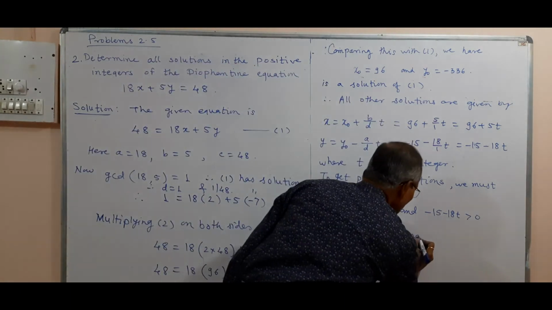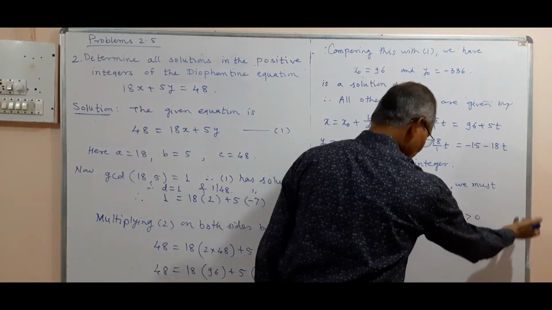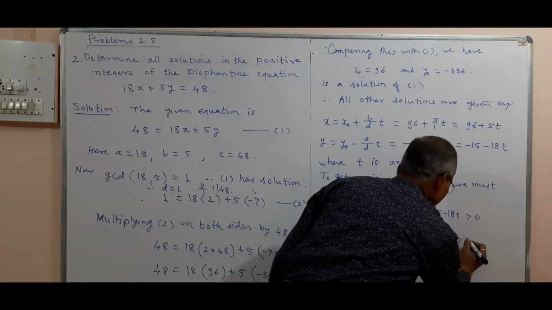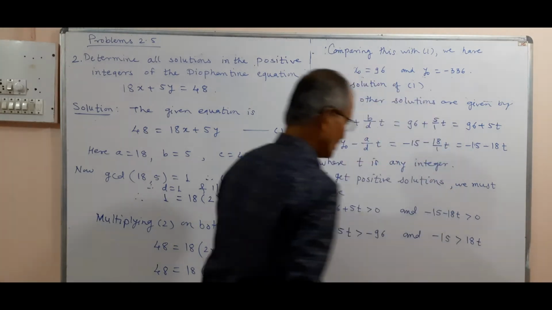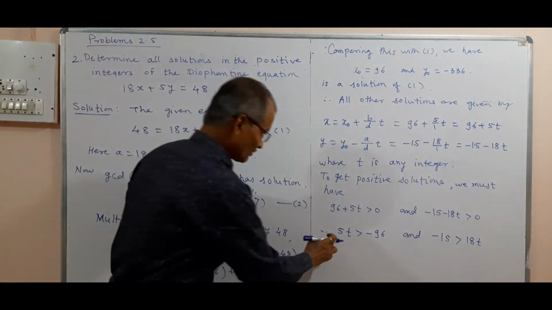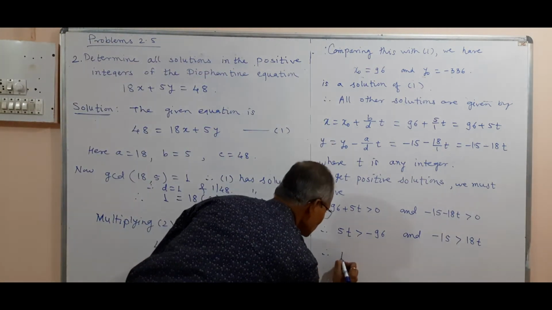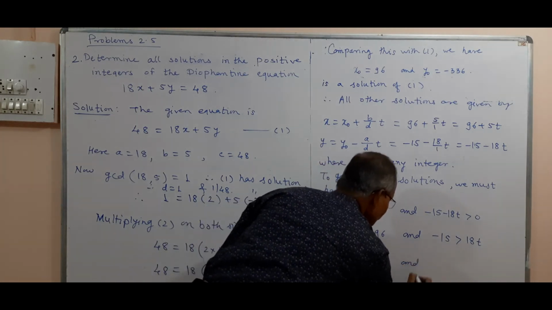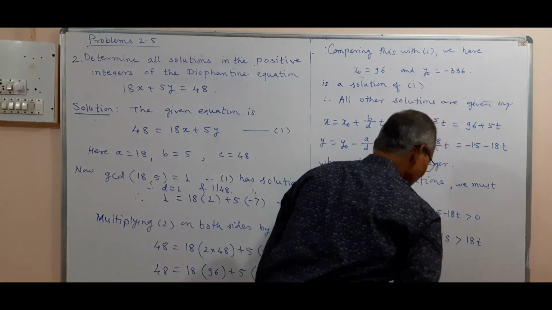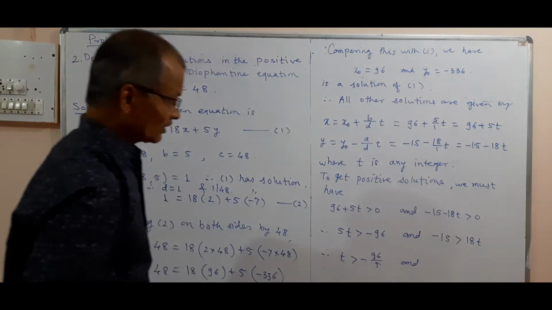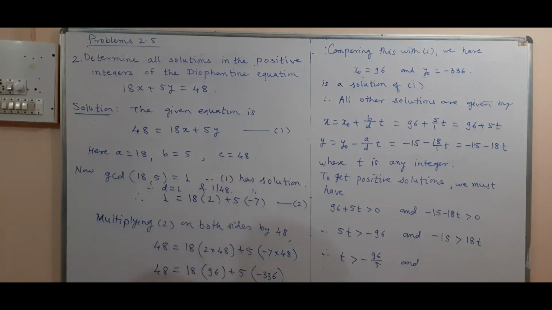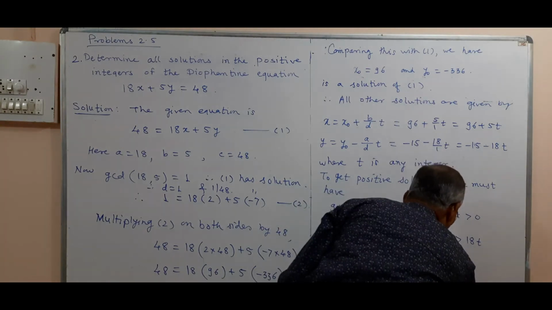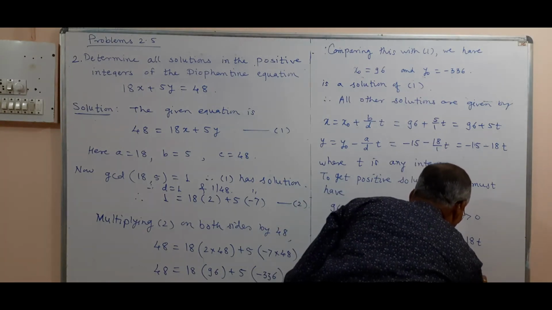And here we consider minus 18t on that side, that is minus 15 is greater than 18t. Now we divide by 5 both sides, this means t is greater than minus 96 divided by 5, and divide by 18 on both sides, and this gives minus 15 divided by 18 greater than t.